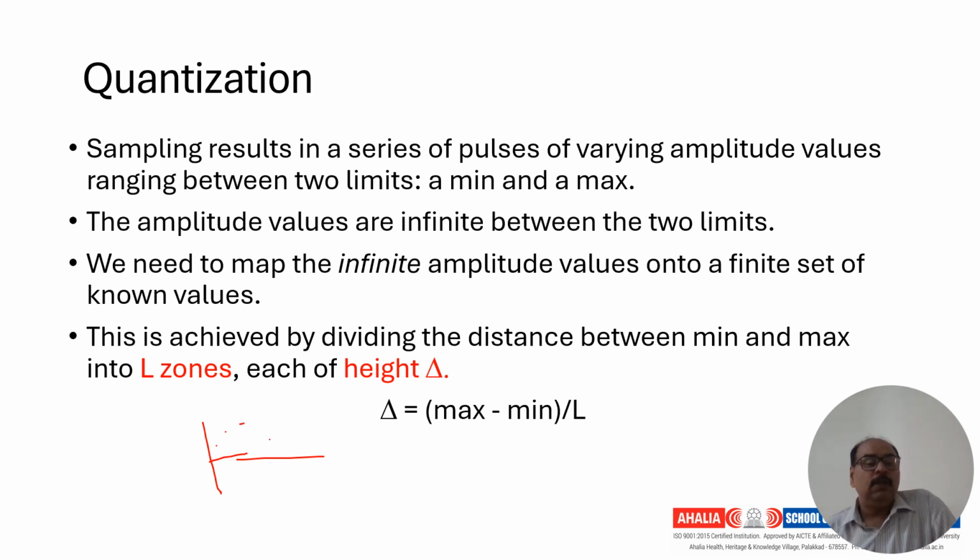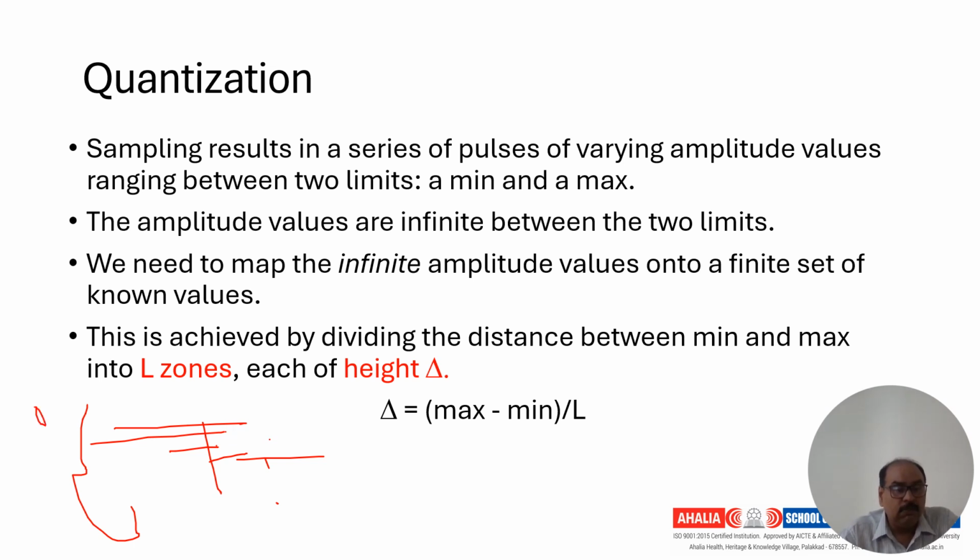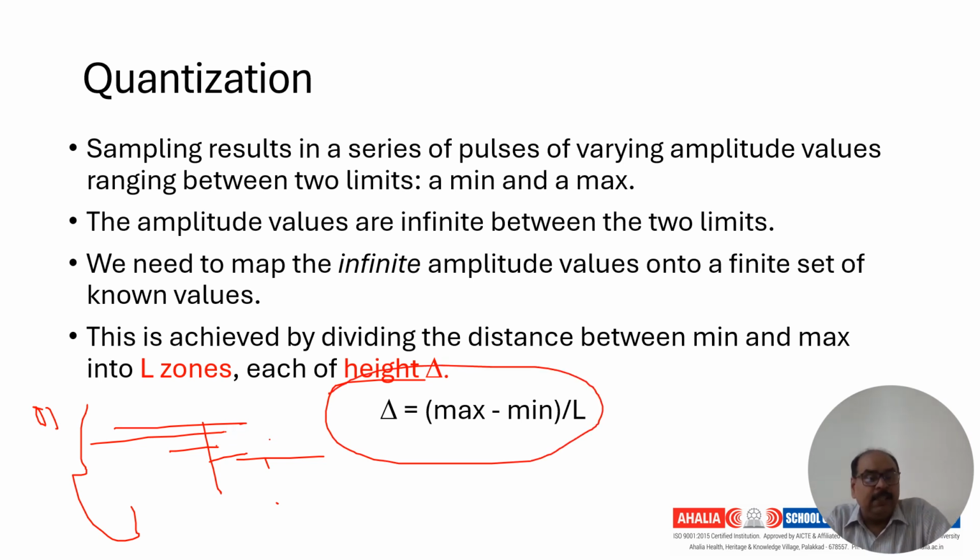In quantization, we are assigning a digital value to each of these points here. We'll call these zeros and ones. A set of zeros and ones is called a symbol. It can have n number of bits. So this delta is the height between two possible digital values.